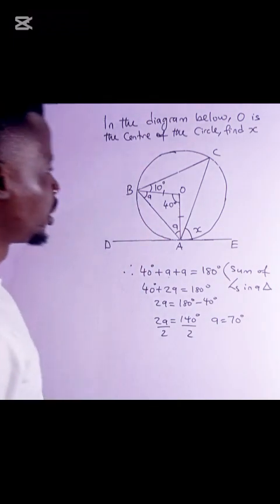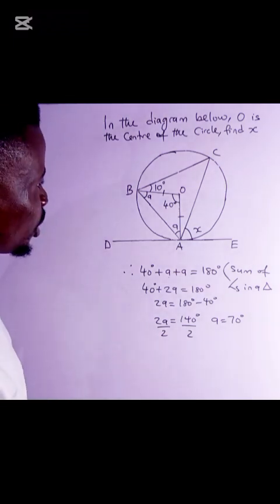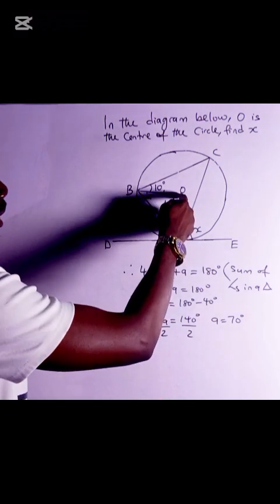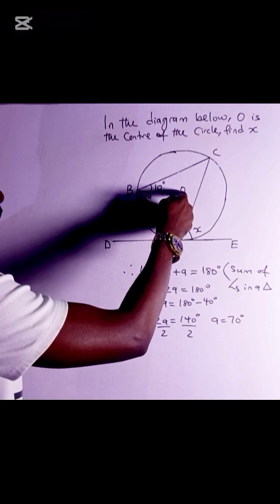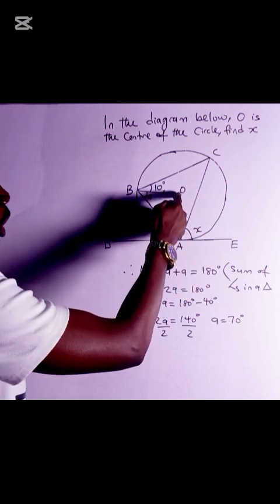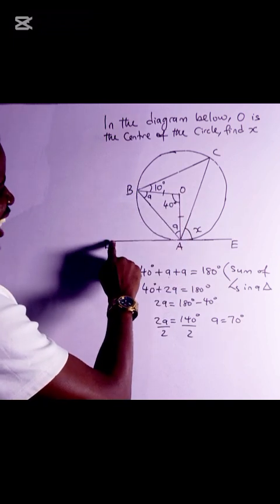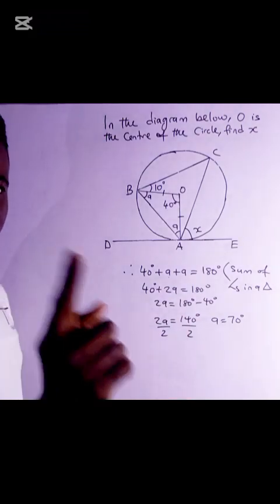Now, the next thing we're going to notice is that you can see this radius from here to this point is coming from the center of the circle, and it is touching the tangent. There's a theorem for it.